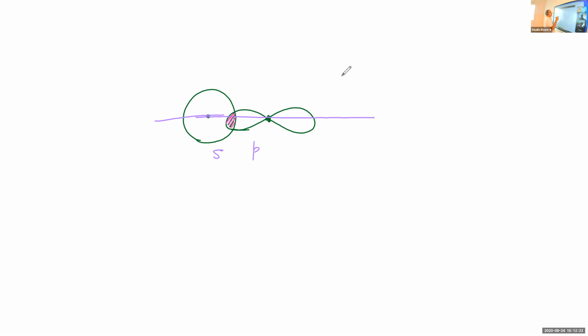There is coaxial overlapping again, and that is also a sigma covalent bond. So in general, a sigma covalent bond is the covalent bond formed by coaxial or head-on or end-to-end overlap of two orbitals. For example, coaxial overlapping of two s orbitals, coaxial overlapping of two p orbitals, coaxial overlapping of one s orbital and one p orbital.